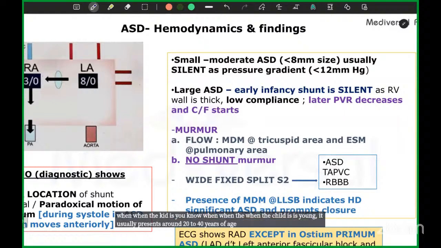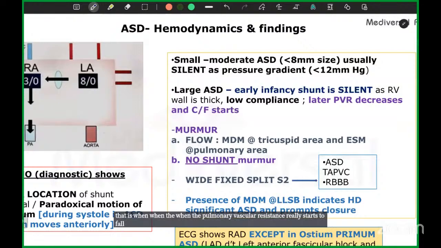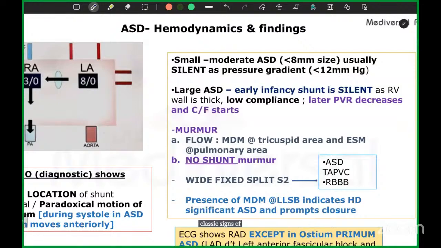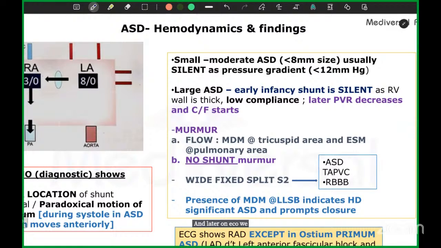That is when the pulmonary vascular resistance really starts to fall, and you have those classic signs of failure to thrive, or recurrent pneumonias. In fact, most patients of ASD are initially diagnosed as recurrent pneumonias between the age of 20 to 40, and later on echo we do find a large atrial septal defect.